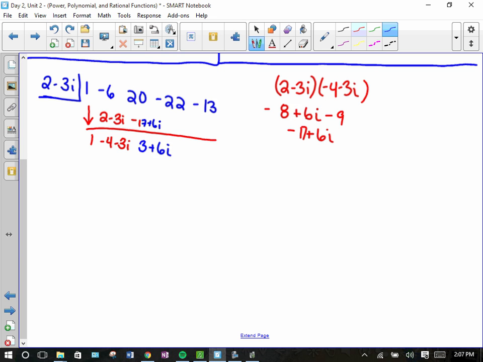Let's go check. 2 times negative 4 is negative 8. 2 times negative 3i, negative 6i. Negative 3i times negative 4, positive 12i, which is positive 6i. Negative 6i plus 12i is. Oh, okay. Right? So now I'm going to do 2 minus 3i times 3 plus 6i. 2 minus 3i.